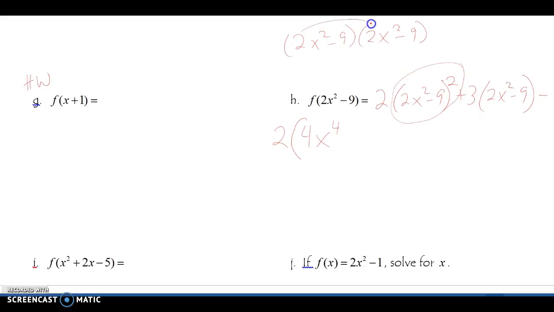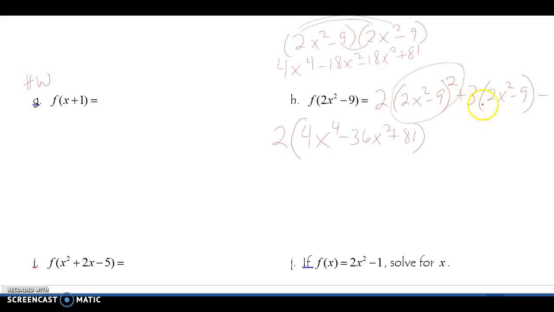So I multiply my firsts, my outers, inners, and lasts. So we'd end up with 4x to the 4th minus 36x squared plus 81.